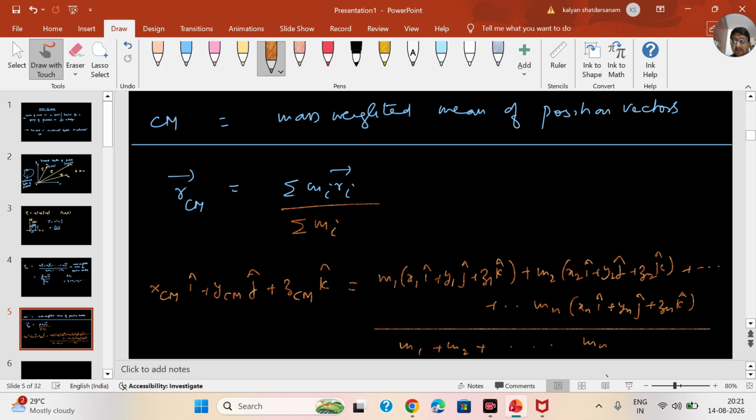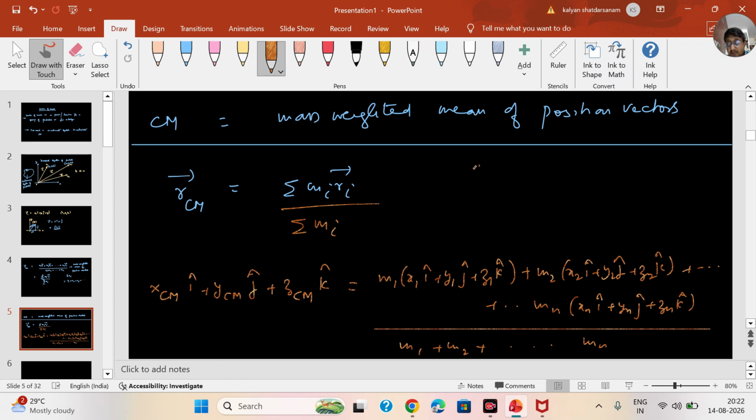Now we have an equation where I have ijk on the left side and also on the right side. So whenever you have an equation with ijk on the left side and ijk on the right side, we can equate the i coefficients on both sides. Similarly, we can equate the j coefficients on both sides, and the k coefficients on both sides, because perpendicular directions are independent.